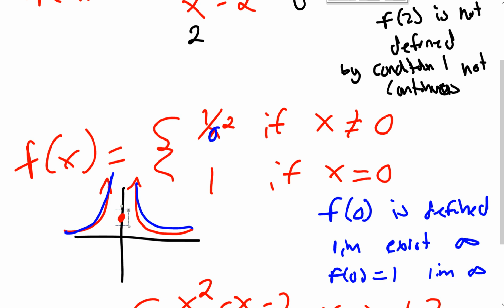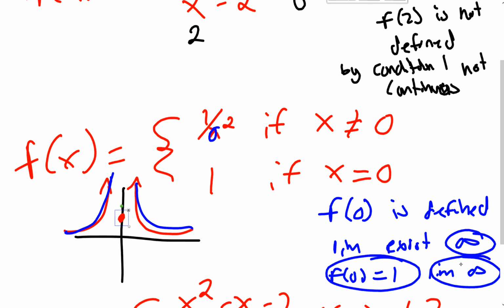Really, this fails by condition number 2, because when the limit goes to infinity, technically the limit doesn't really exist. And then these two are not true as well. So this one actually fails.